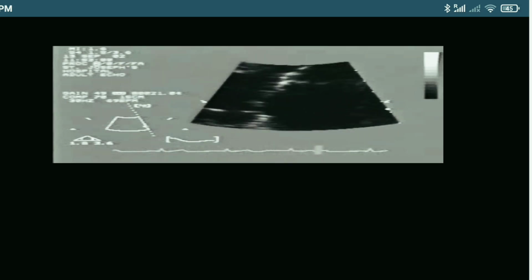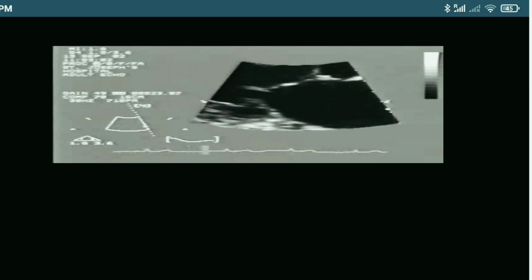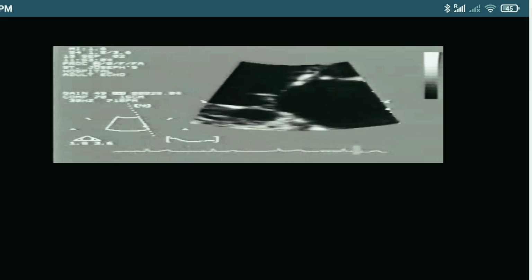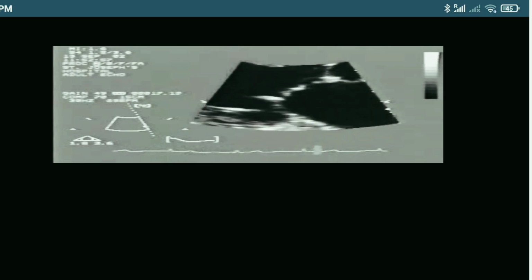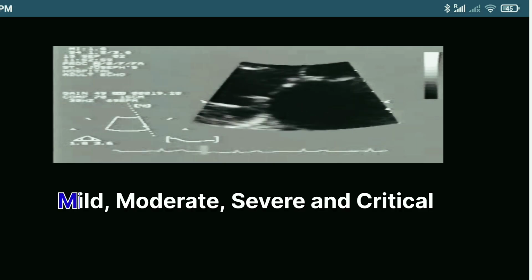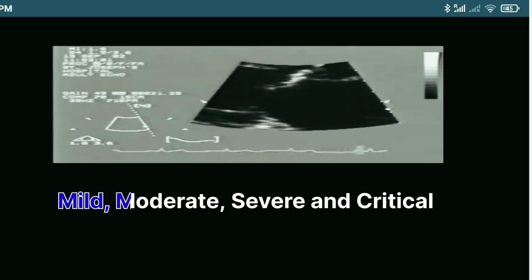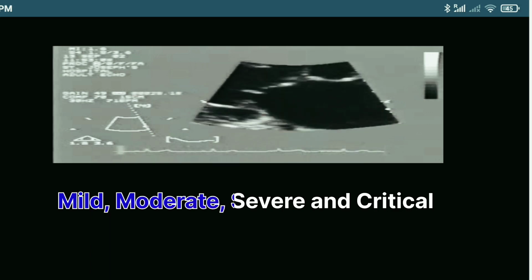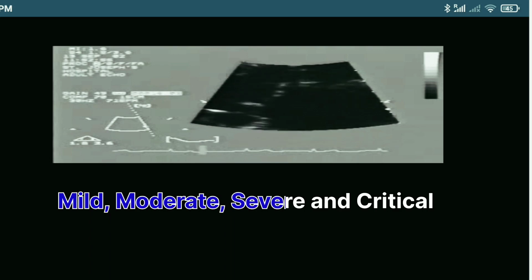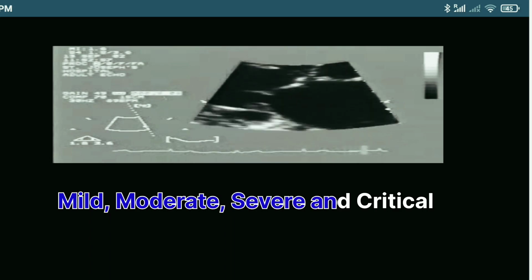But there are certain values that divide the severity into different gradings. There is mild, moderate, severe, and critical mitral stenosis.